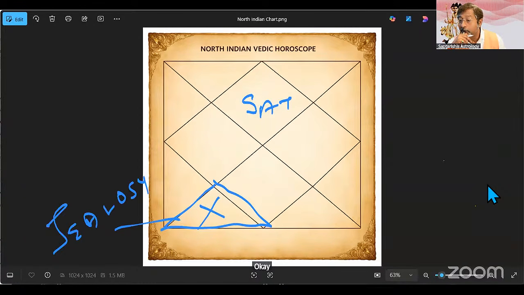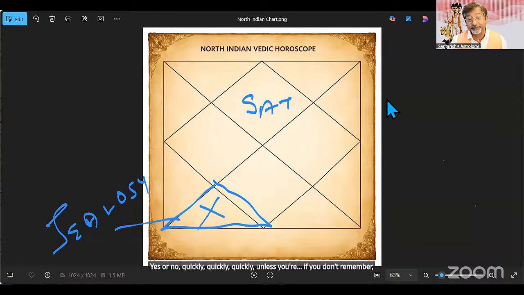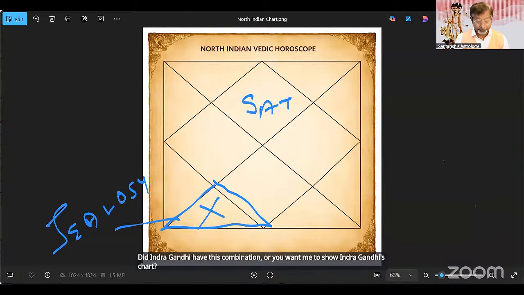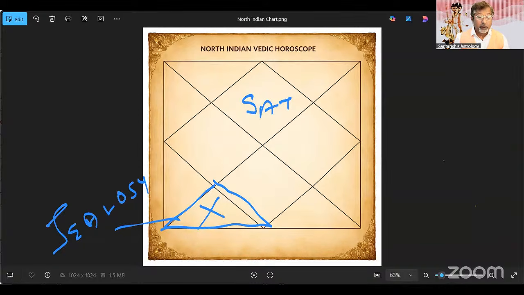Did Indira Gandhi have this combination? Did Indira Gandhi have this combination, or do you want me to show Indira Gandhi's chart? Yes, sir.